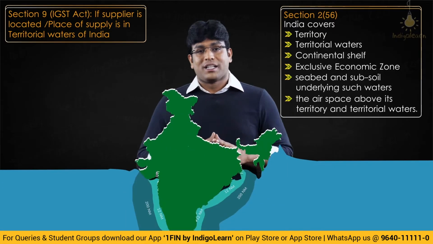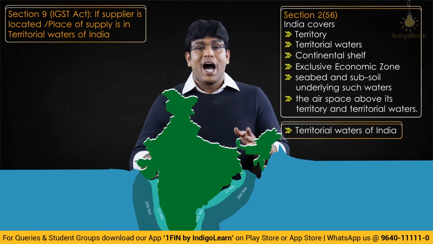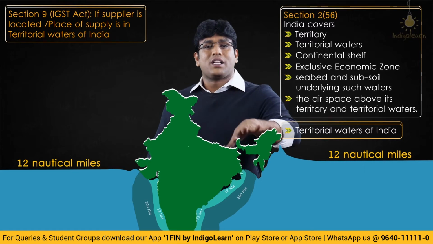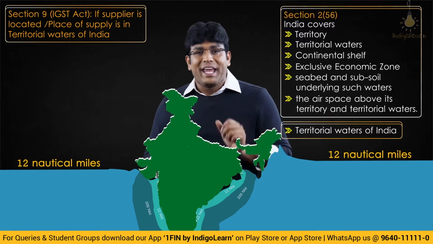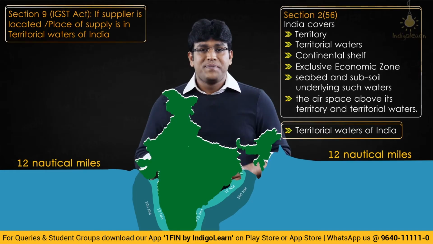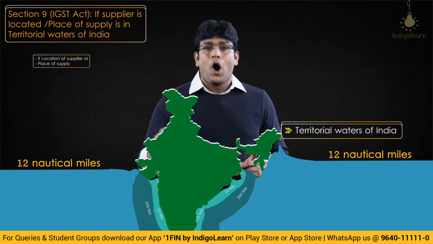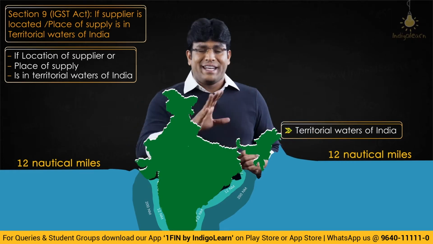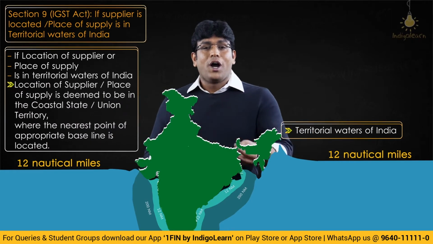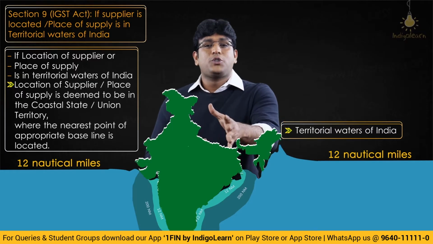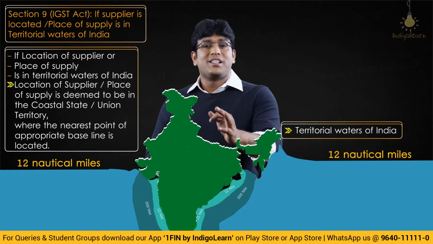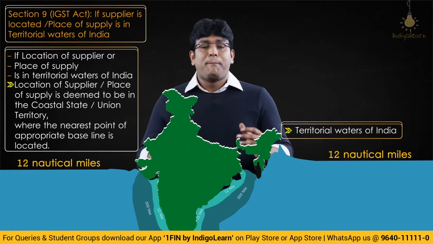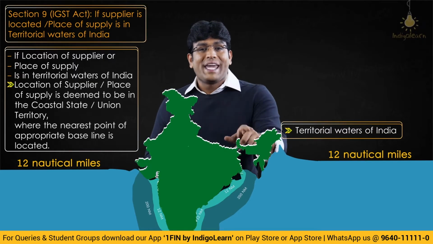And what is territorial waters? From the baseline up to 12 nautical miles, we treat it as territorial waters of India. And Section 9 has clearly clarified that if the location of supplier or the place of supply is in the territorial waters of India, then it is deemed to be in the coastal state or UT where the nearest point of the appropriate baseline is located.